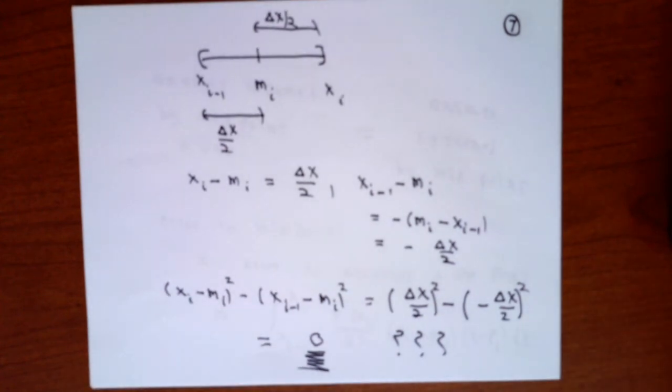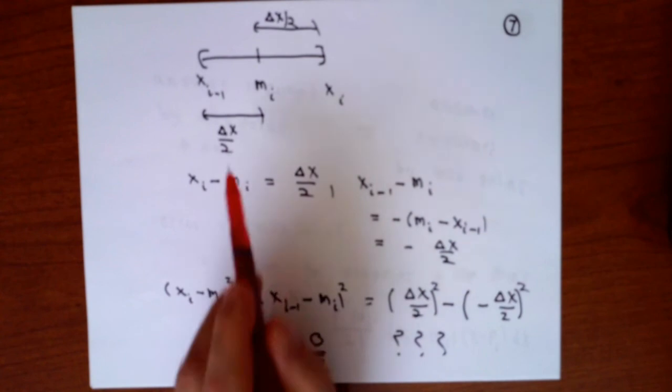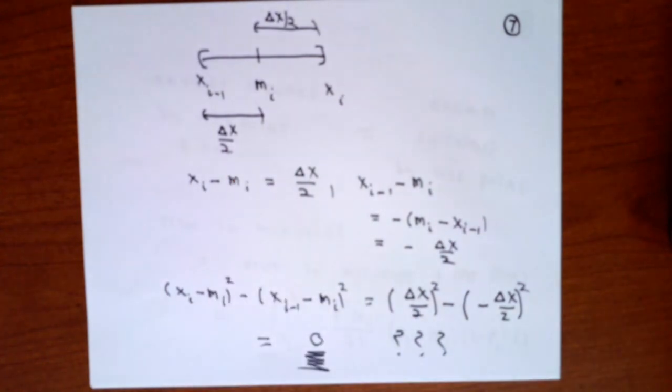A remarkable thing happens. mi is bigger than x(i-1). The distance from mi to x(i-1) is half of the width of the subinterval, delta x over 2. xi is bigger than mi, so xi minus mi is also delta x over 2.